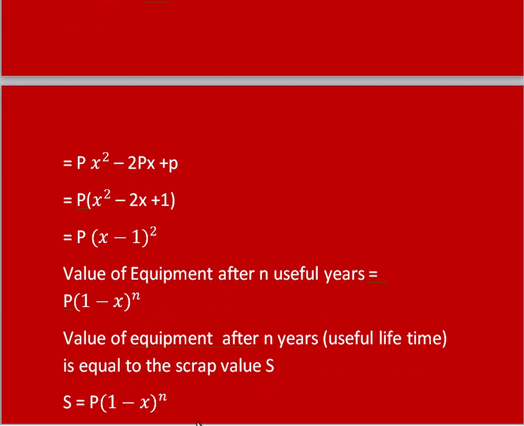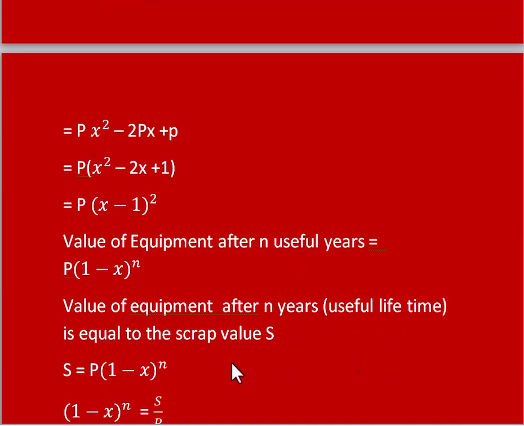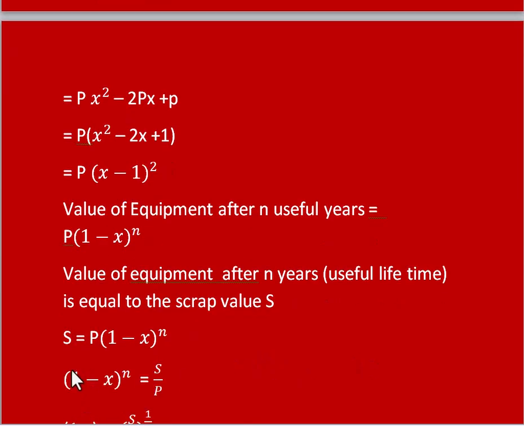Then the value of the equipment after n years, or the useful lifetime, is equal to the scrap value S. That is, S is equal to P into (1 minus x) whole power n.